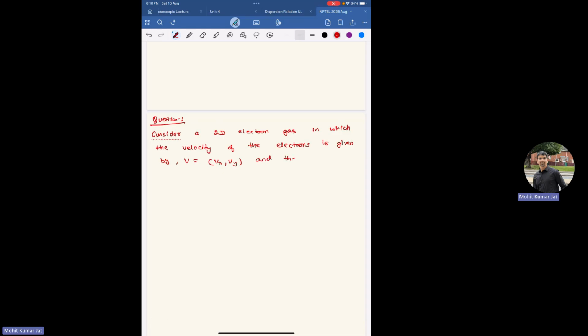and there is a uniform perpendicular magnetic field, B z cap, and we are free to choose any gauge and find the commutation relation between Vx and Vy.